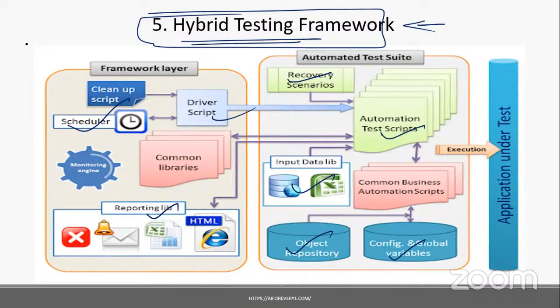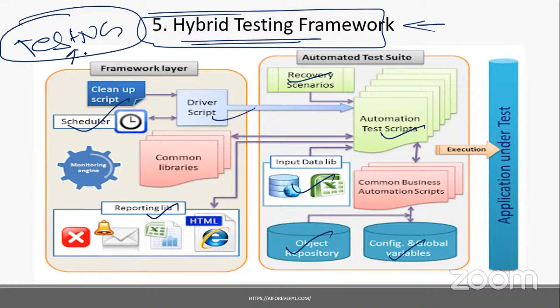Now comes TestNG. TestNG is a framework created for testing purposes and it's already available. They created everything: reporting is there, test data we can implement, and an object repository with some modification. There are features available in TestNG, which is again a hybrid testing framework. You don't need to waste time on coding, just download TestNG.